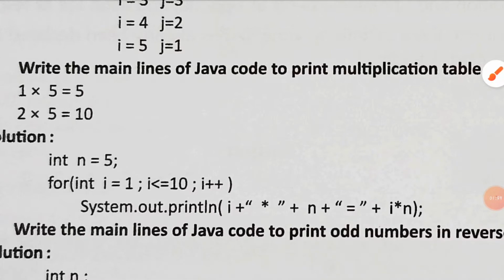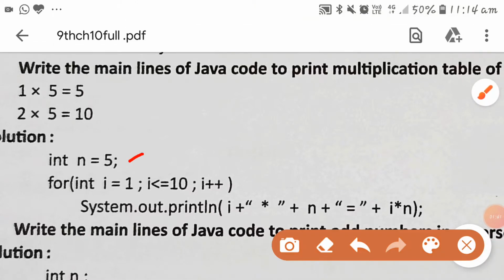Now the starting value of n is 5, to print the table of 5, and then i is equal to 1 to 10. Then System.out.println i is 1. Then after that the multiply sign should come on the monitor, so written like this in between the double quotes. After that the value of n is 5.